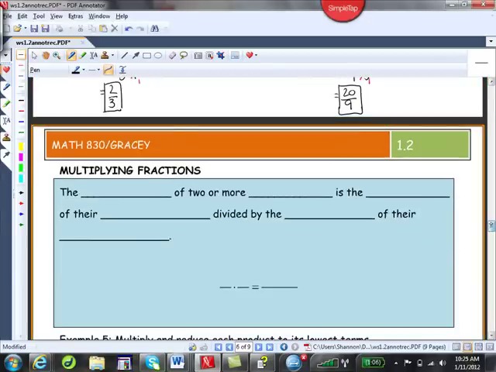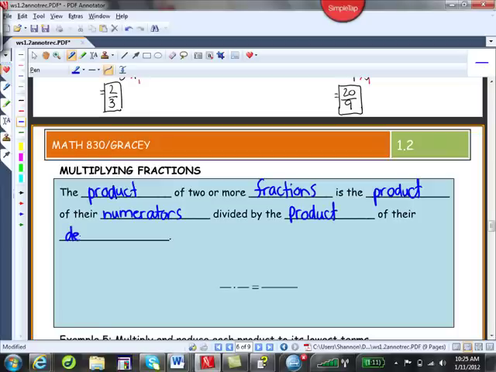multiplying fractions. The product of 2 or more fractions is the product of their numerators divided by the product of their denominators.